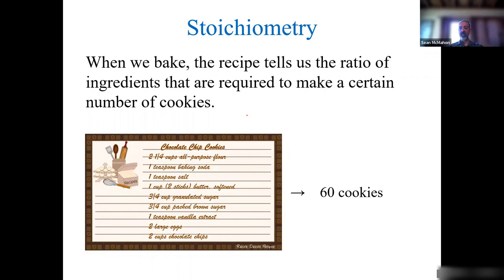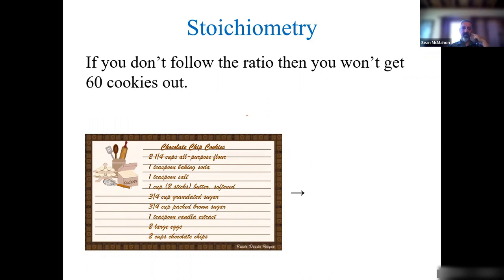If I follow a certain recipe, I'll get a certain amount of product. If I start with each of these reactants or ingredients, it should produce a certain amount of product, cookies. If you don't follow the ratio, you won't get the desired amount of product.